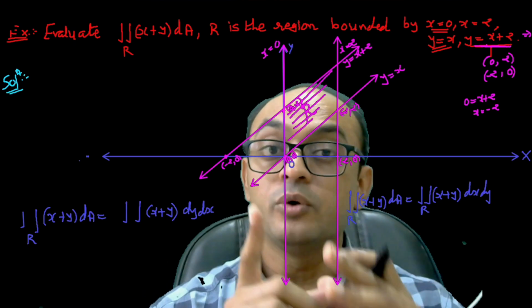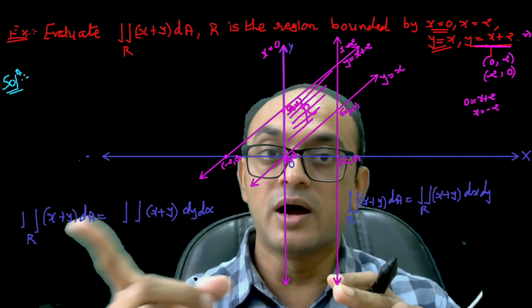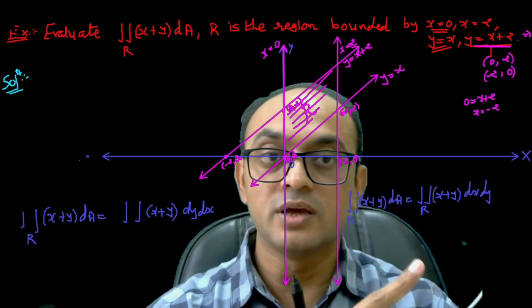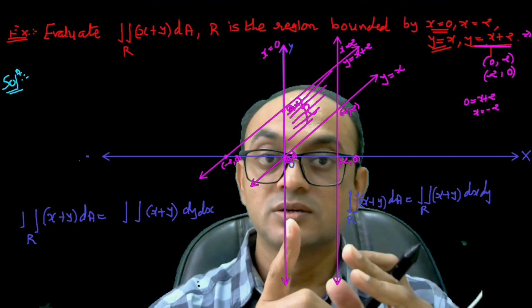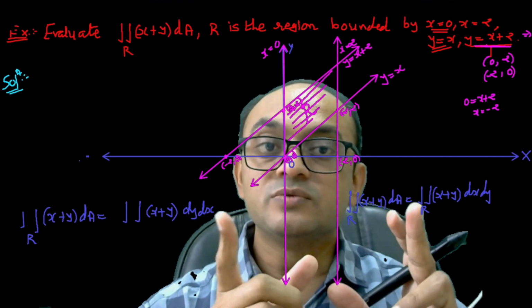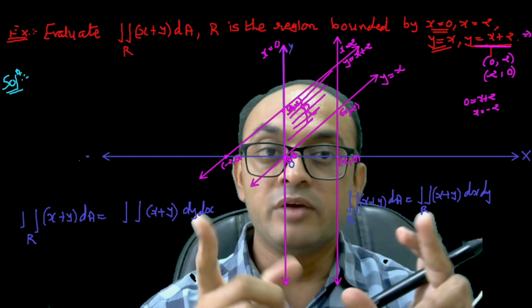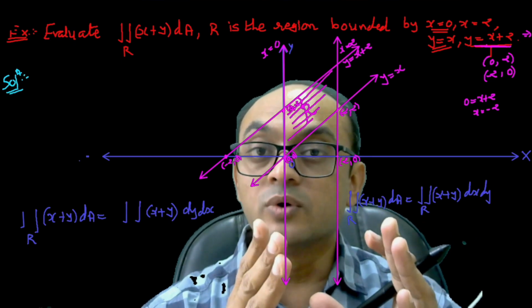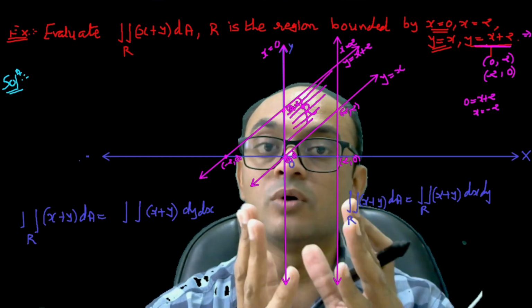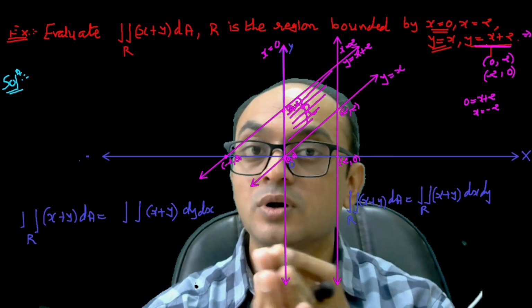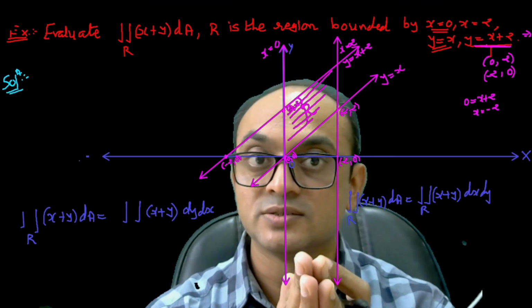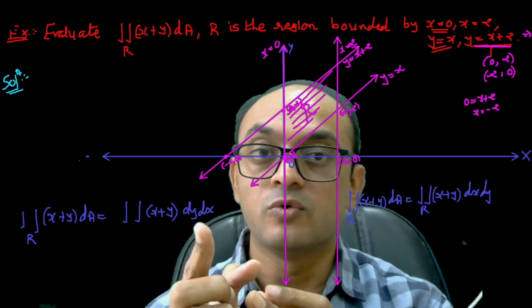In the examination you have to work with only one case, either the case dy dx or the case dx dy. But which case will be more helpful to us, dy dx or dx dy? That we need to understand, and for that the observation of the region is important, and that is our purpose for this exercise. So let us start by writing first for dy dx.